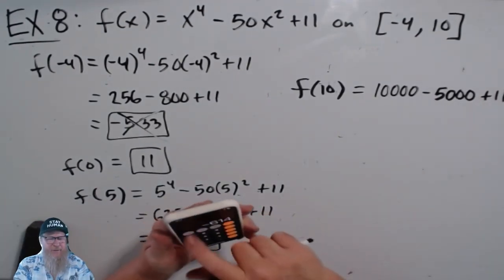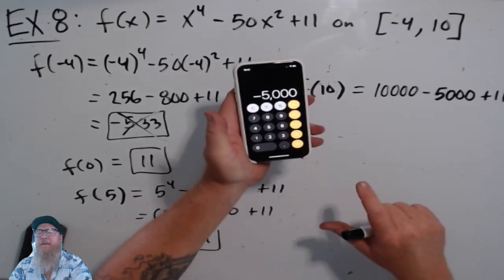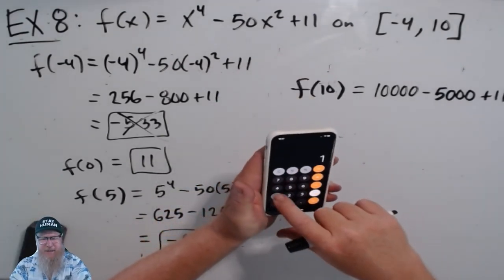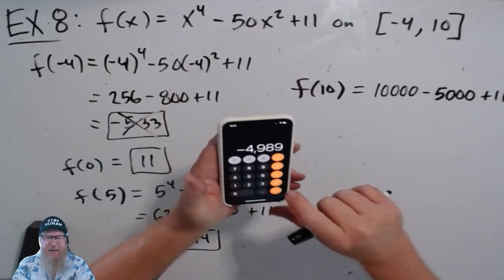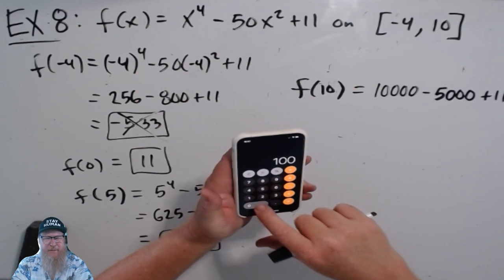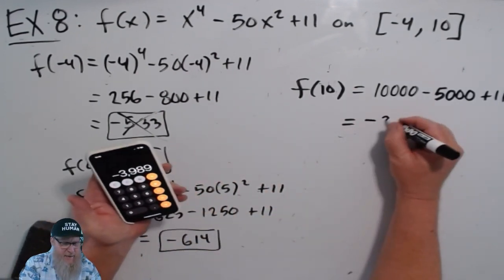I don't really have to do this on the calculator, but I will. Negative 5,000 plus 11. I don't want to get off by a little bit. See, those funky 9s and 8s. And then plus 1,000. Oh!